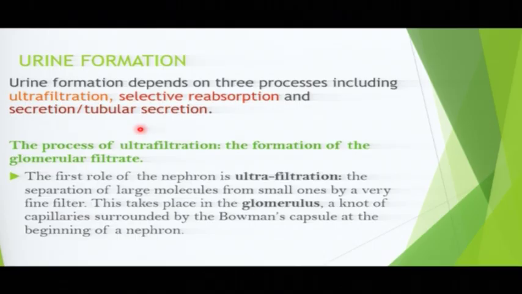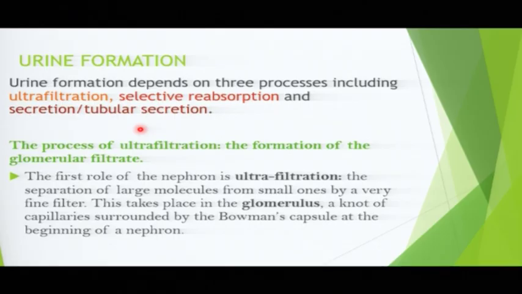Ultrafiltration is the process by which smaller molecules found in the blood pass across the glomerulus to form the glomerular filtrate. And then the large molecules remain in the blood vessels.